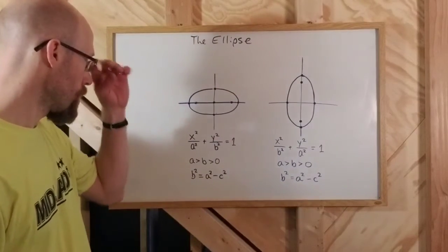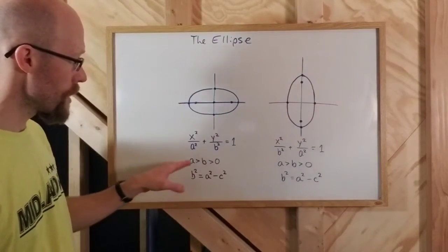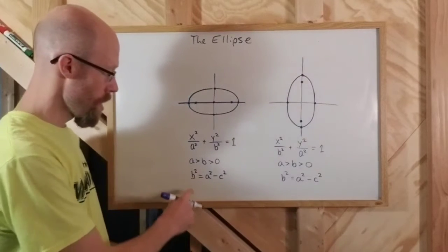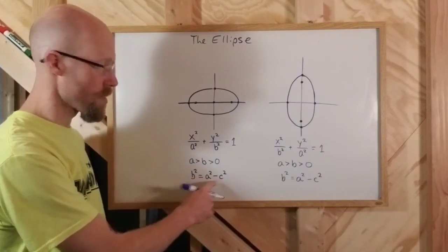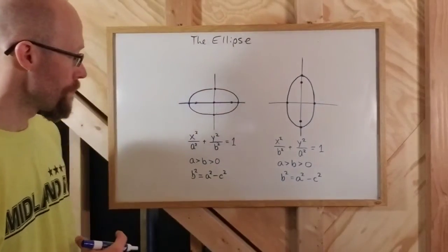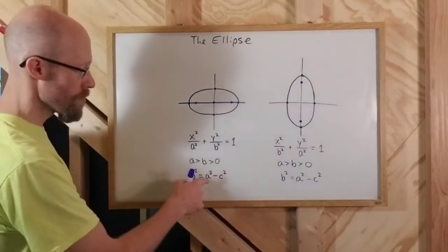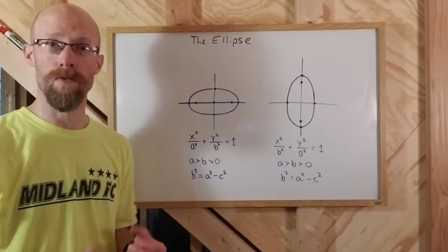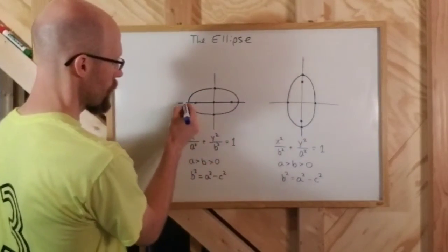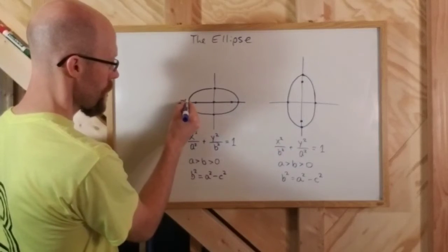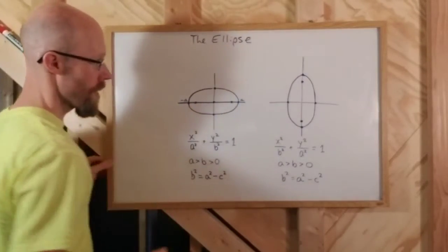And now the points here are all related to the a, b, and c values. Also, we had this relationship between b squared, a squared, and c squared. The a values correspond to the coordinates of the 2 vertices. So the one on the left here would be at negative a, the one on the right would be at positive a.